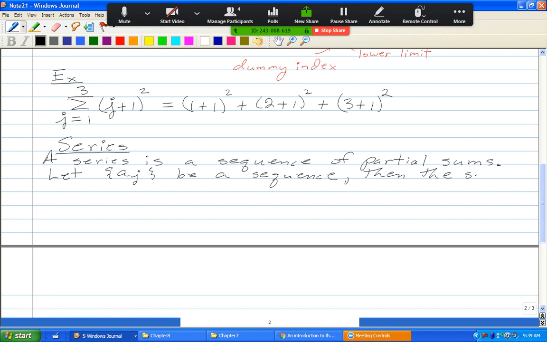The sequence of partial sums is the following.